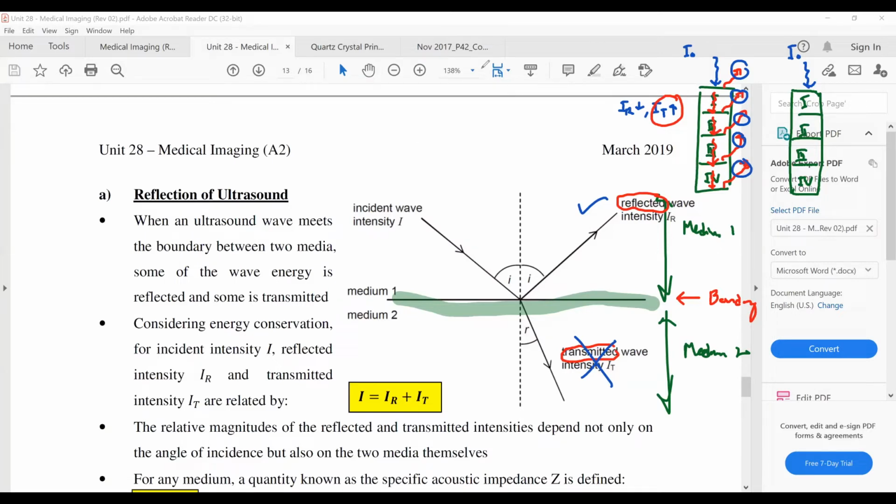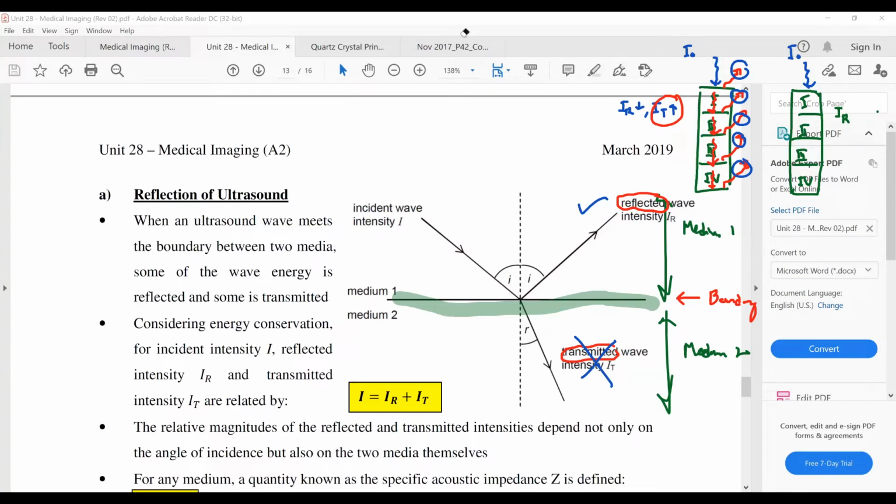But if on the other hand your intensity reflected is very large, that will mean that the intensity remaining that you can transmit is very low. Let me just clear this off.